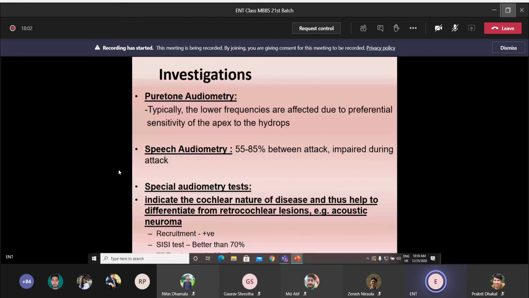Now, speech audiometry is about 55 to 85% between attacks, and impaired during the acute attack. And special audiometry tests are also done. This indicates the cochlear nature of the disease and thus helps to differentiate it from retrocochlear lesions.